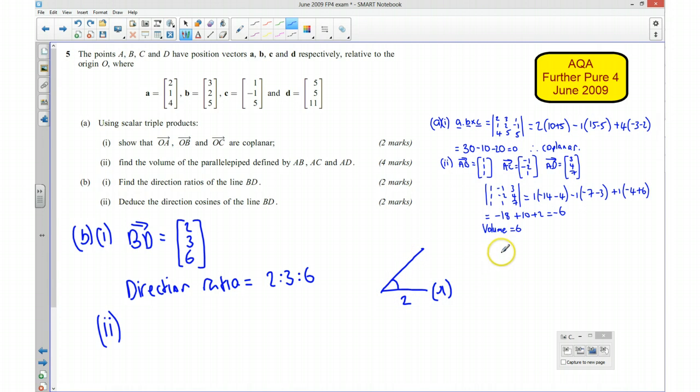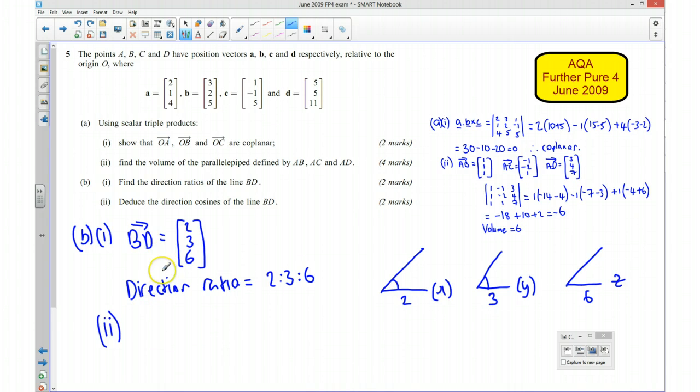For the y, if this was my y, then I've got 3 there, and the hypotenuse again is going to be the magnitude of this line here, because that's the length of the line. And similarly for z, it will be the same scenario. Again, that would be 6, and the magnitude of that line would make up the hypotenuse.